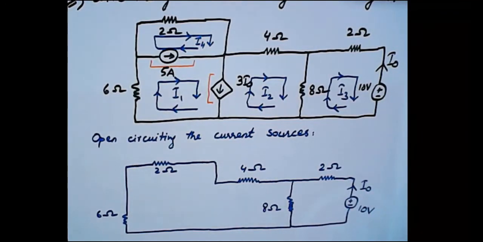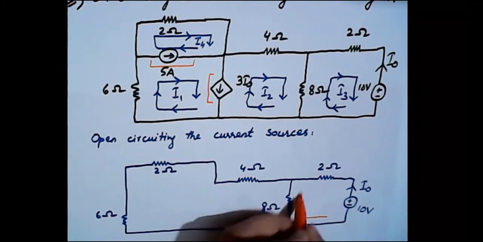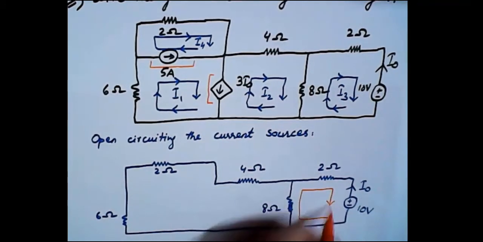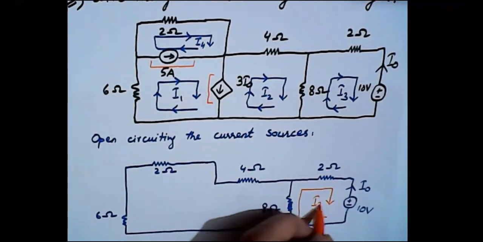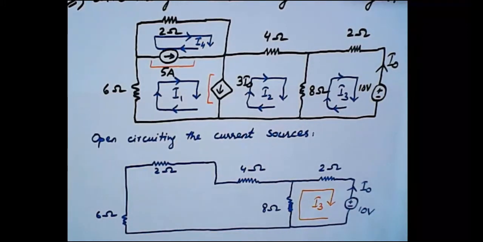Okay, so here you can see that now how many loops have we got? So in this case we have only 2 loops left. This one here is the one whose current is I3, right?